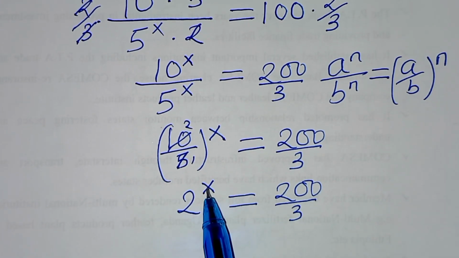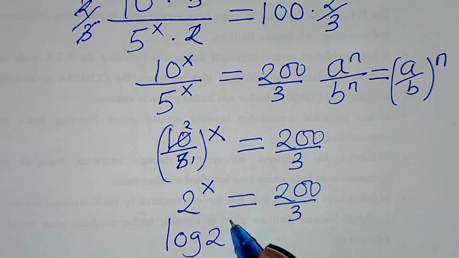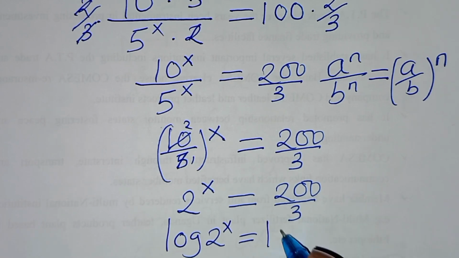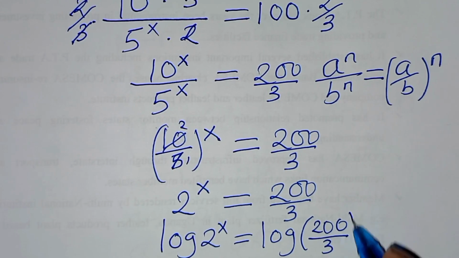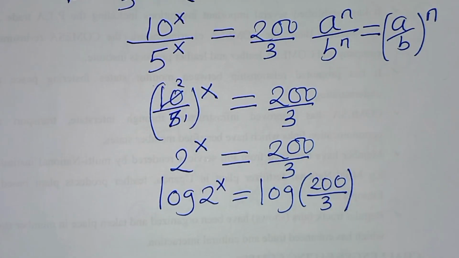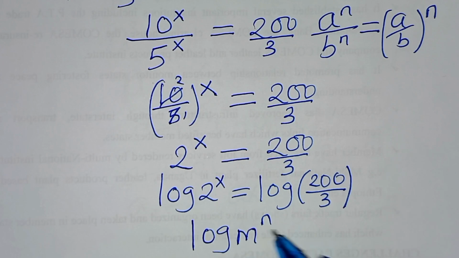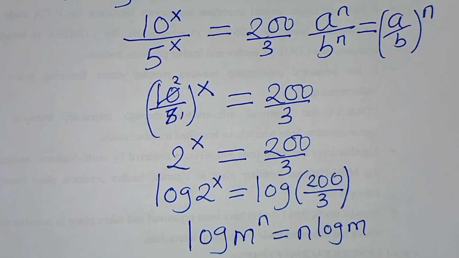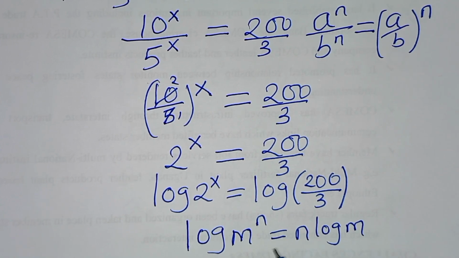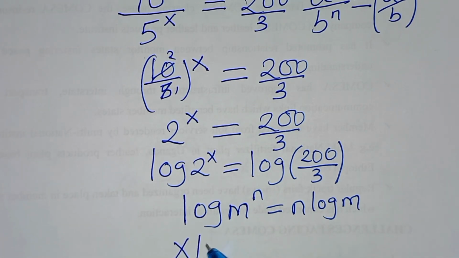So to solve for the value of x, we introduce logarithm on both sides. That is log 2 to the power x. This is equal to log 200 divided by 3. So log 2 to the power x, this is actually in the form of log m to the power n, which we can express as n log m. So applying this power rule property of logarithm, then log 2 to the power x becomes x log 2.